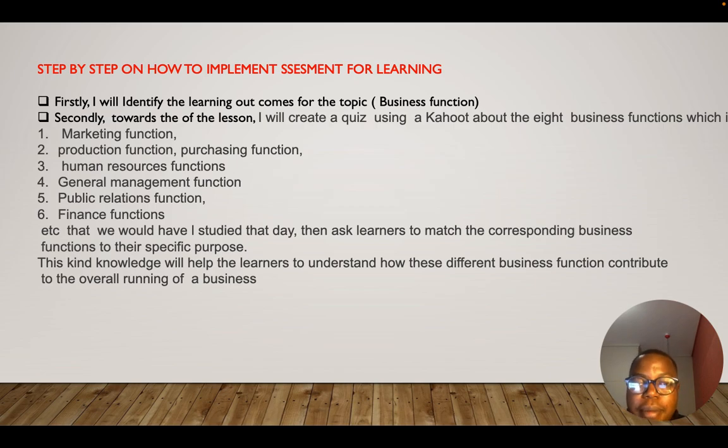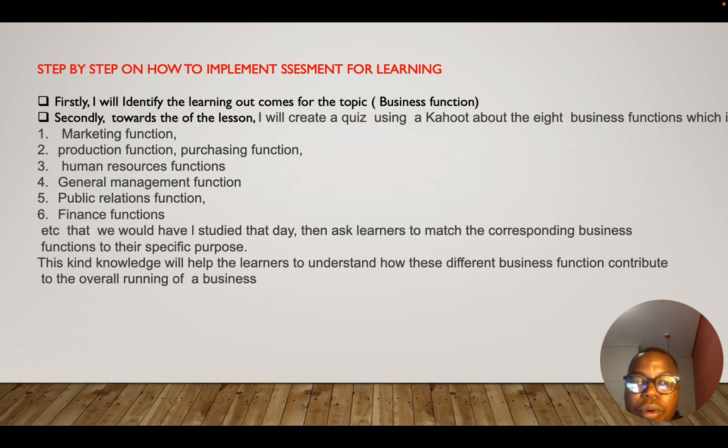Here is a step-by-step guide on how to implement assessment for learning. Firstly, I will identify the learning outcomes for the topic, which is in this case business functions. Secondly, towards the end of the lesson, I will create a quiz using a Kahoot about the 8 business functions.